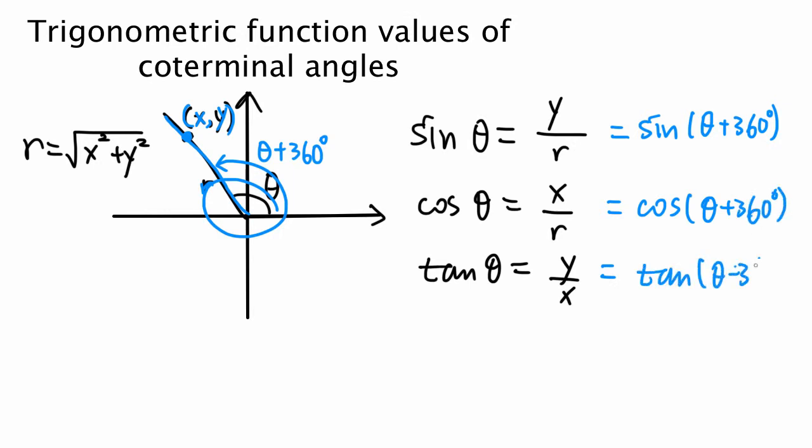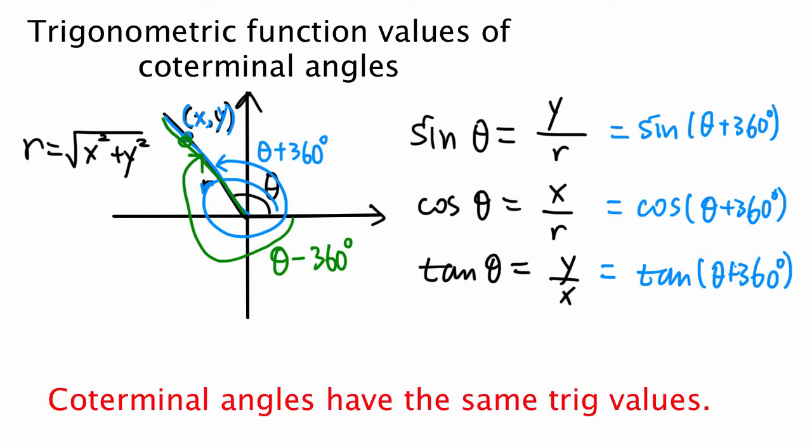Or if we have another angle that goes in the negative direction, theta minus 360 degrees, it'll end up at the same place. So again, the same x, y, r values, so it'll give you the same sine, cosine, and tangent values. The bottom line is that coterminal angles will always give you the same trig values.